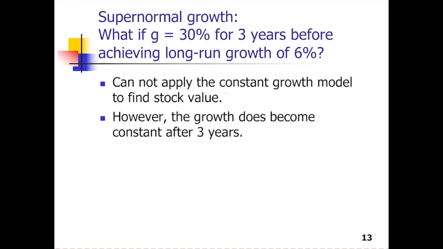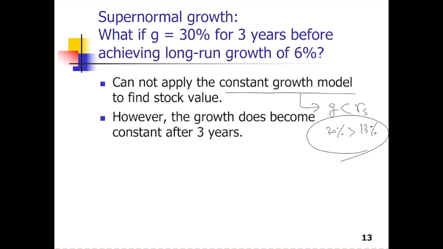A constant growth model has one required condition: G should be less than RS, right? But in this case, G is 30% and RS is the same as the previous example, 13%. So we cannot apply the constant growth model in this case.